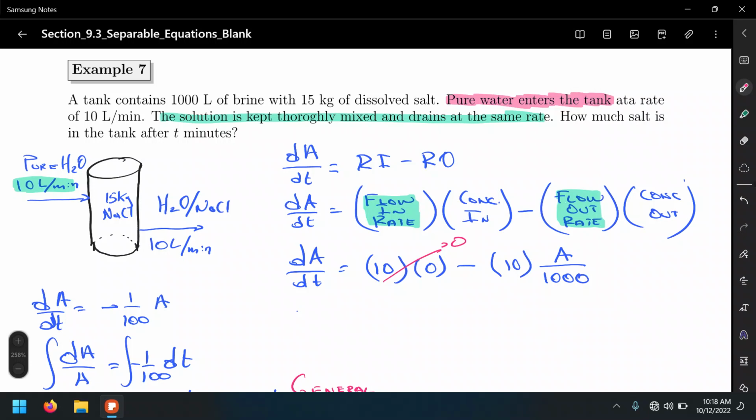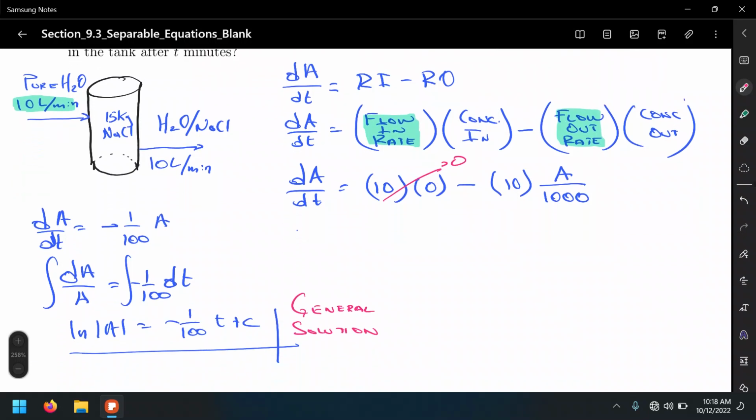After a while, that amount of salt is going to get out of the tank with water until we run out of salt. All right.